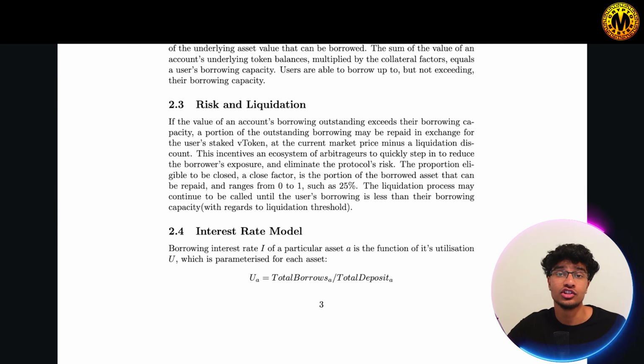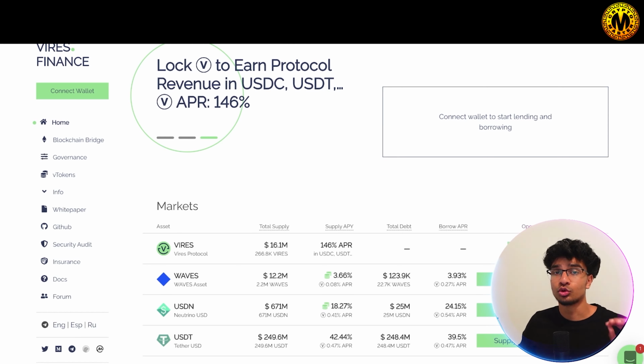The proportion eligible to be closed, a close factor, is the portion of the borrowed asset that can be repaid and ranges from 0 to 1, such as 25%. The liquidation process may be continued to be called until the user's borrowing is less than their borrowing capacity with regards to liquidation threshold. So there is some great opportunity for liquidation, but of course that does come with a little risk.